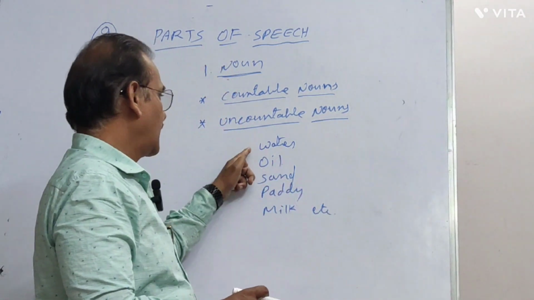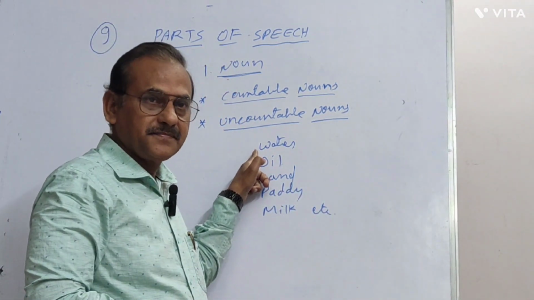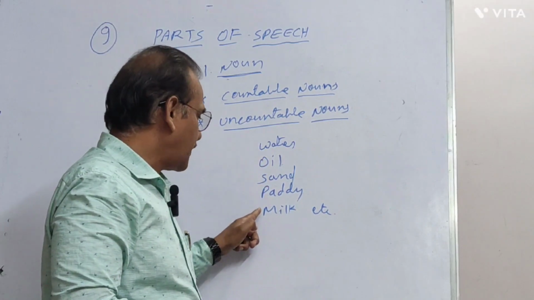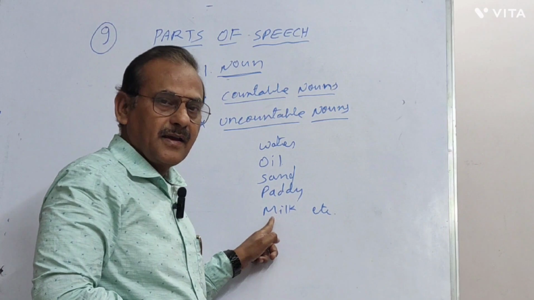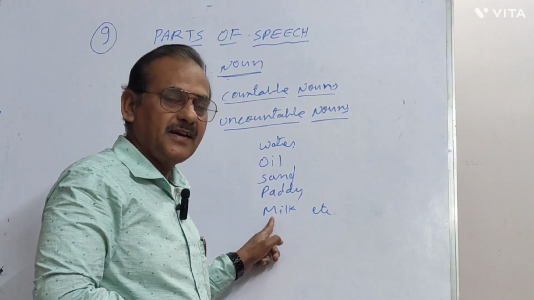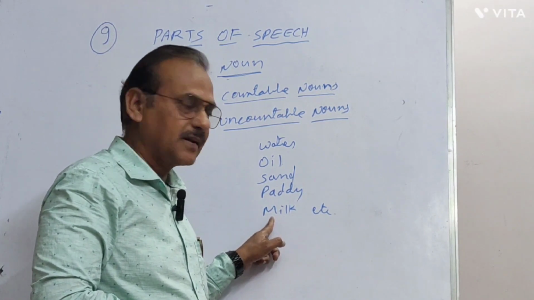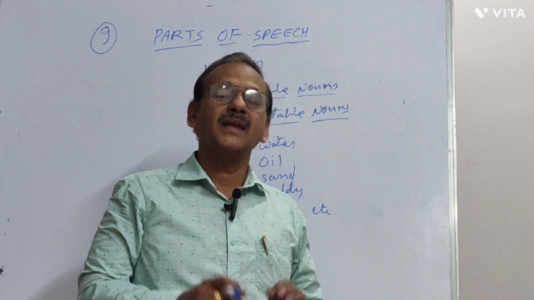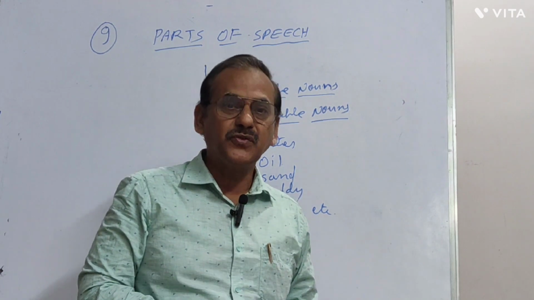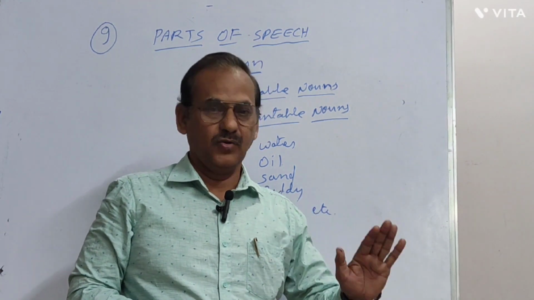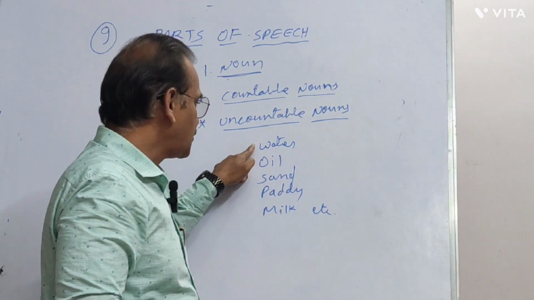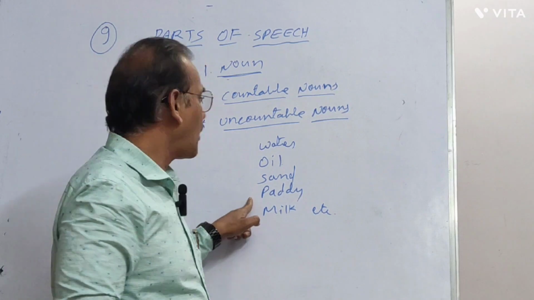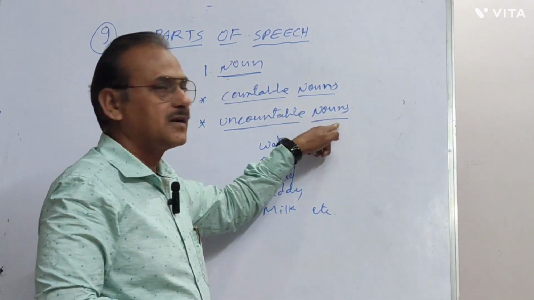For example, a bottle of water, a liter of water, a liter of milk, 5 liters of milk, 10 liters of milk, probably oil, like that. We can count them in measure, but individually we cannot count them. So that's why those which are unable to be counted individually are called uncountable nouns.